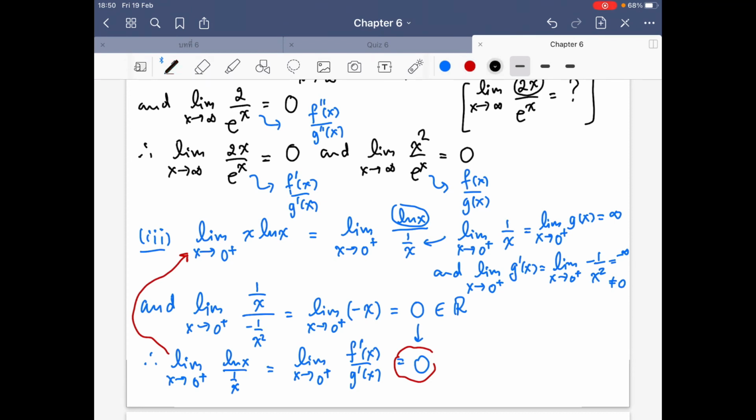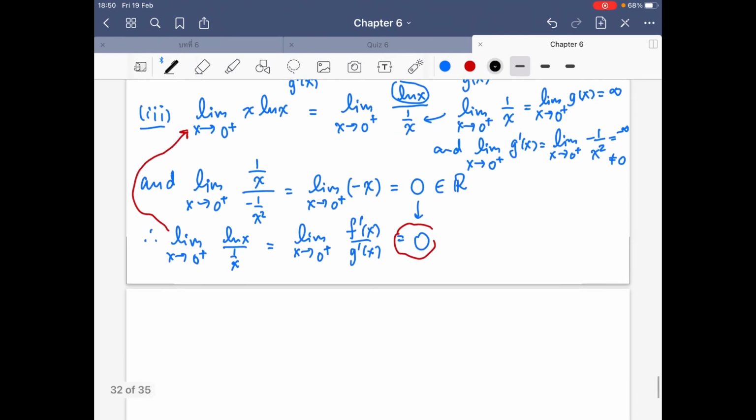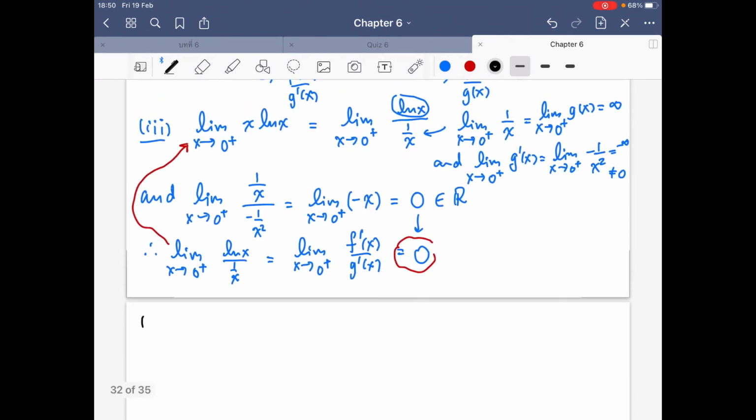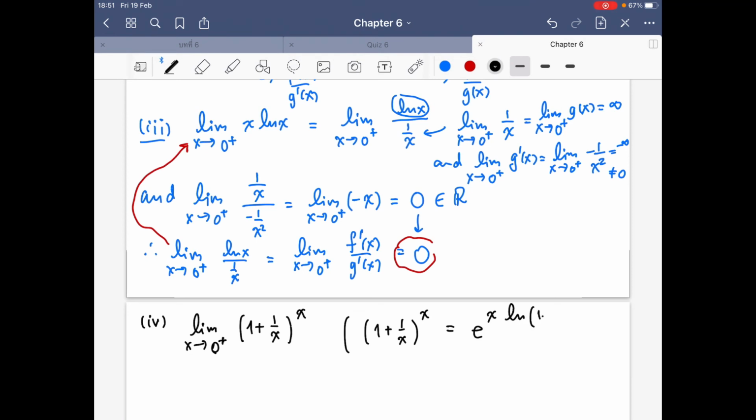And the next problem will be the problem that is pretty classical, okay? The thing that you need is to evaluate the limit as x goes to 0 from the right of 1 plus 1 over x raised to power x, okay? Providing that you should know that 1 plus 1 over x raised to power x actually equals e raised to x log of 1 plus 1 over x, okay?